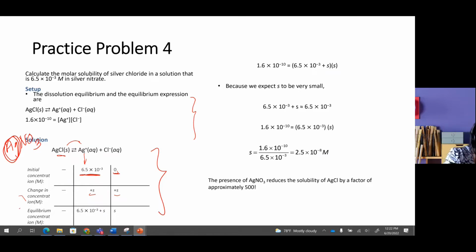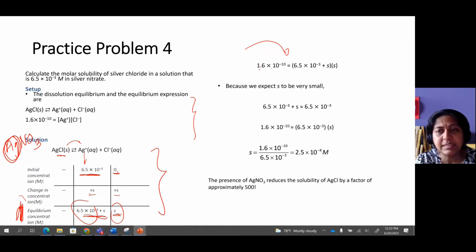What is the equilibrium concentration? The equilibrium concentration of silver ion equals 6.5 times 10 to the negative third plus S, and the equilibrium concentration of chloride is only S. Then we plug these values into the Ksp expression.